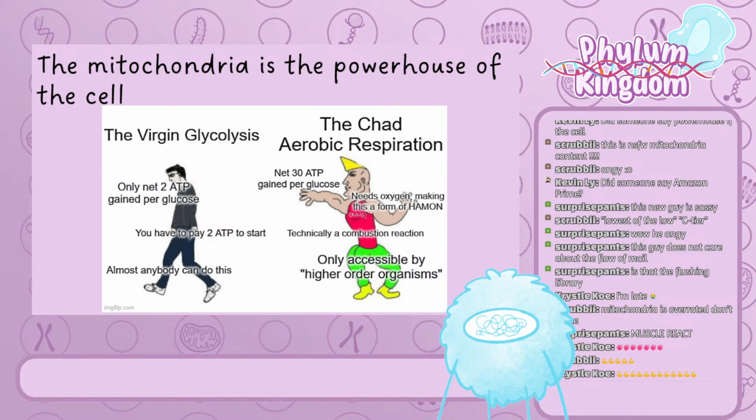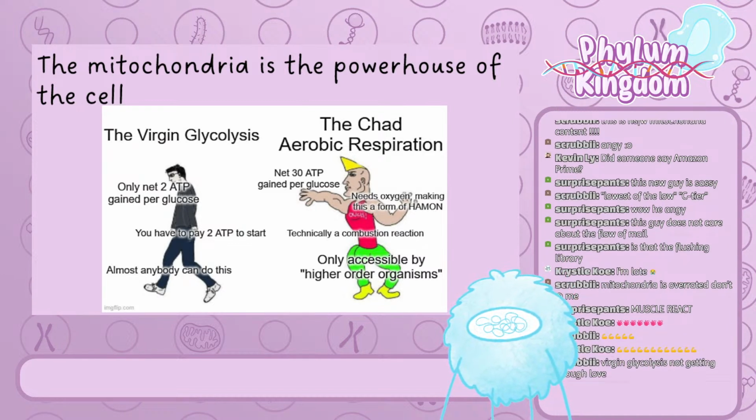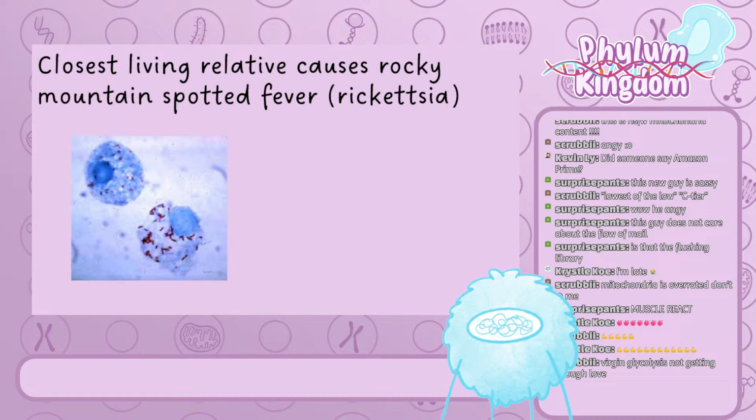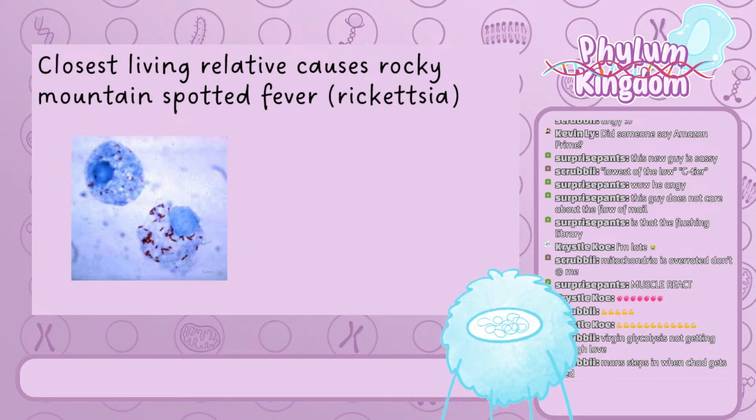The other thing that's cool about mitochondria, again, I said that they have no living parents, but that doesn't mean that they have no living relatives. Mitochondria actually do have cousins. And one of those cousins is called Rickettsia, which is a bacteria that causes Rocky Mountain spotted fever.